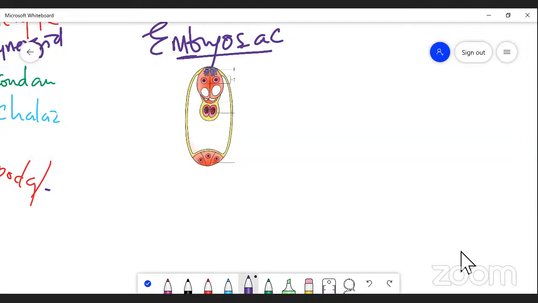The embryo sac is nothing but a female gametophyte. When you take a cross section of the ovule or LS of the ovule, you can see the arrangement of the embryo sac as it is. The central cell is called the secondary nucleus.